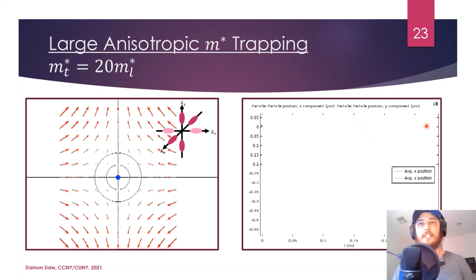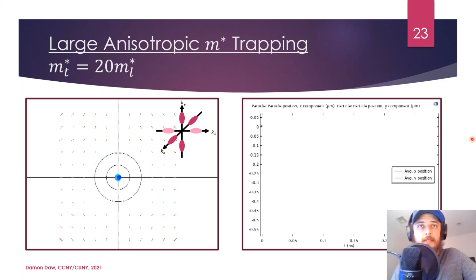This is the motion along the light axis, excuse me, and this is the motion along the heavy axis. And so this is a nice result showing that indeed you can trap carriers that have a very large anisotropy in their effective masses.